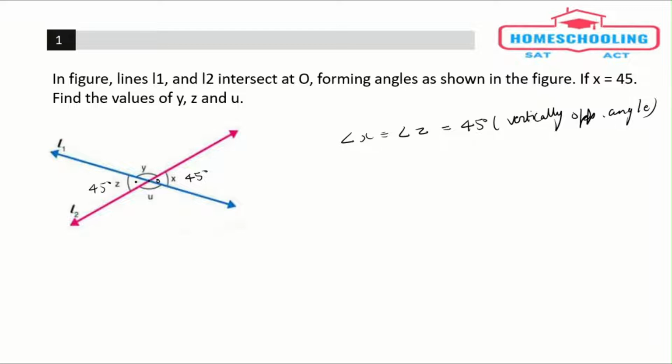Now if we take line L1, the sum of these two angles, angle y and angle x, will form a linear pair. So the sum of these two angles, angle y and angle x, would be 180 degree. So in line L1, angle y plus angle x is 180 degree because it is a linear pair.